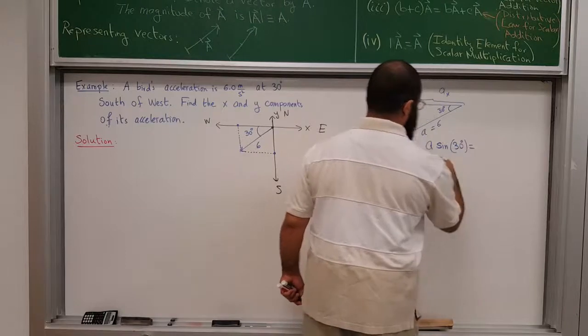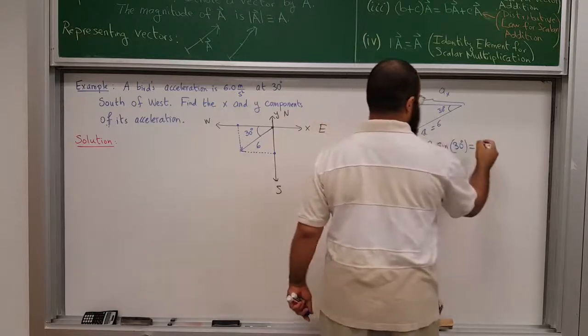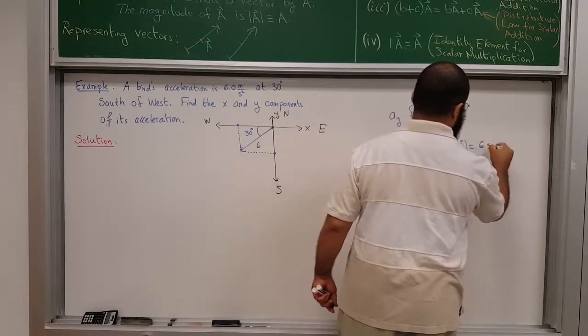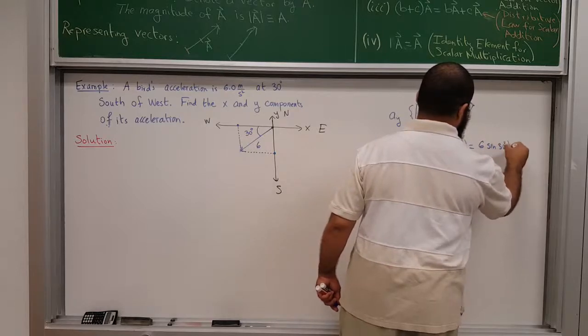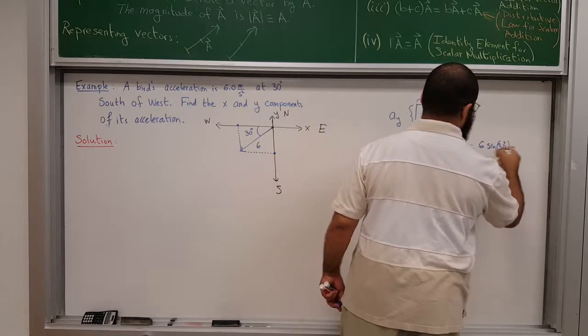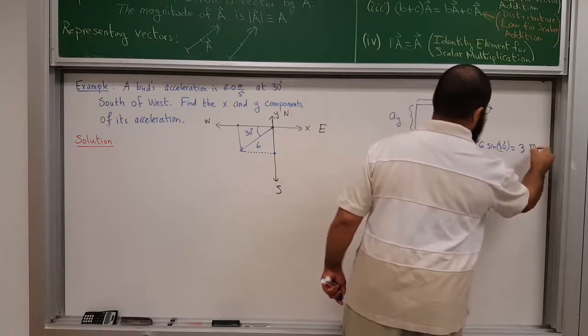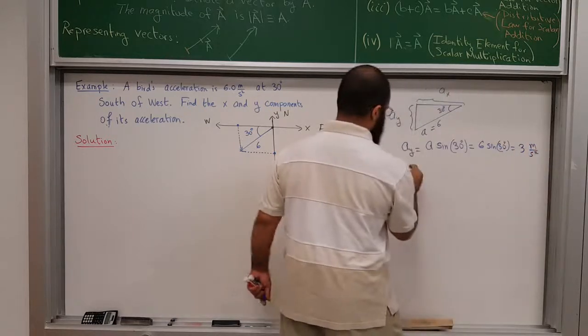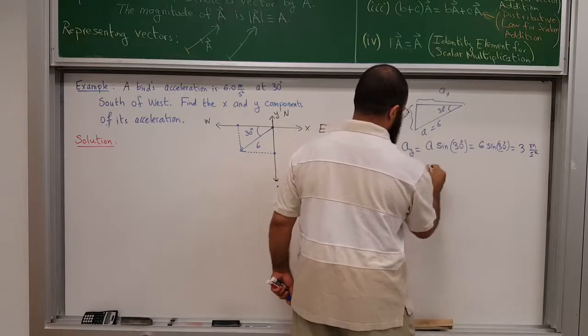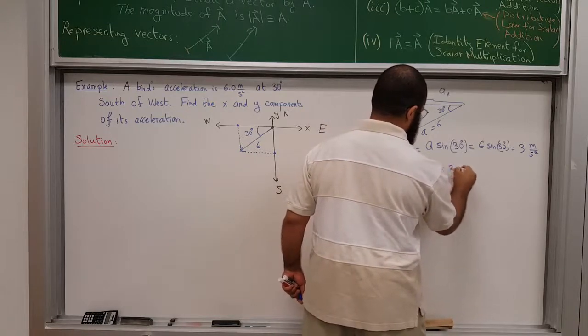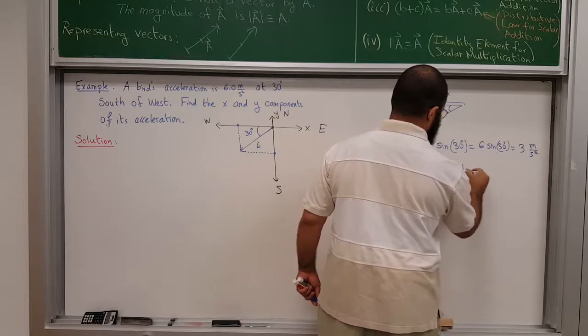So that's 6 times the sine of 30 degrees. Sine of 30 is a nice angle, so that's 3 meters per second squared.